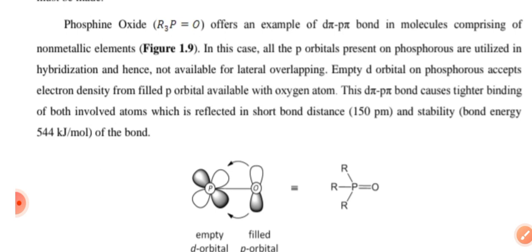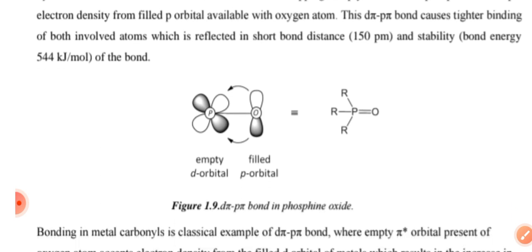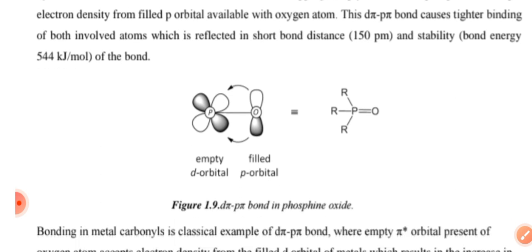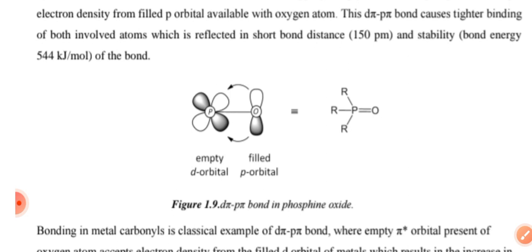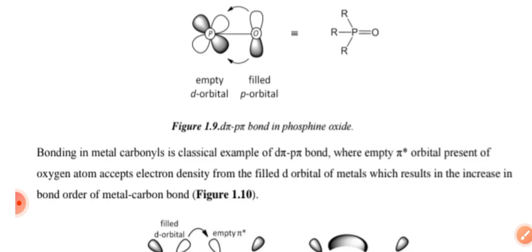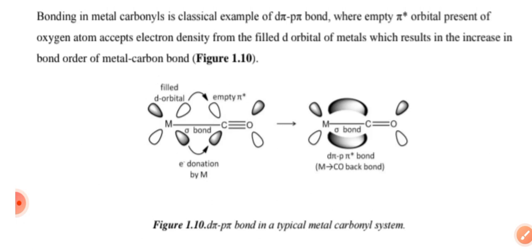Empty d orbitals on phosphorus accept electron density from filled p orbitals available on the oxygen atom. This pi bond causes tighter binding of both involved atoms, which is reflected in the short bond distance of 150 picometers and the stability bond energy of 544 kilojoules per mole of the bond. Empty d orbital, filled p orbitals. d pi p pi bond in phosphine oxide.